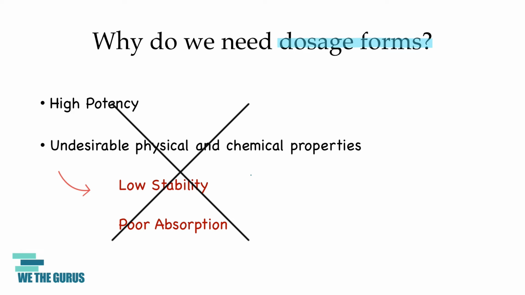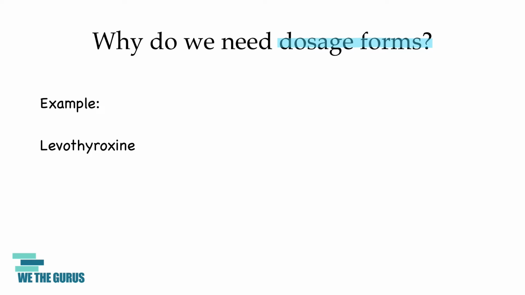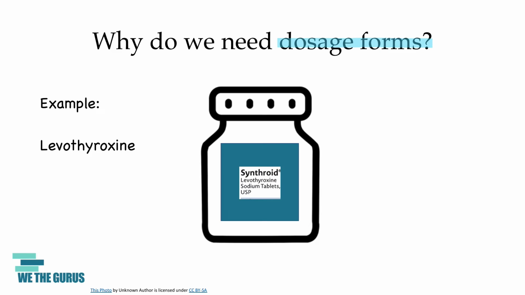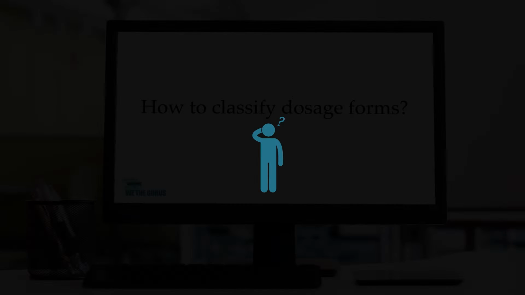A dosage form can help us in dealing with some of these challenges. For example, levothyroxine tablets, also known by the brand name Synthroid tablets, allow us to administer quantities as low as 12.5 micrograms for treatment of patients with hypothyroidism.